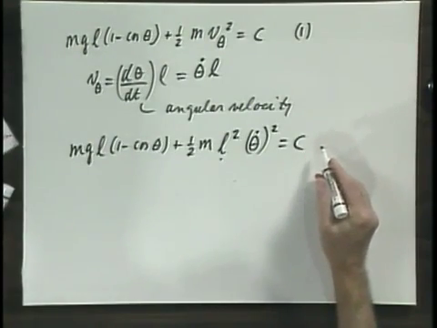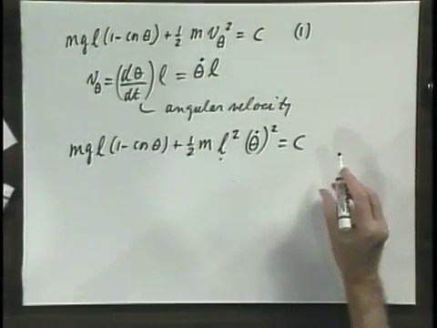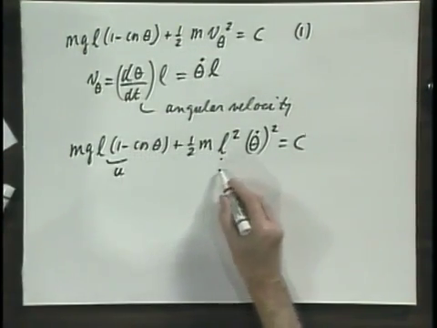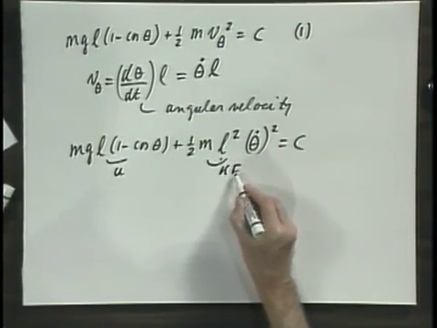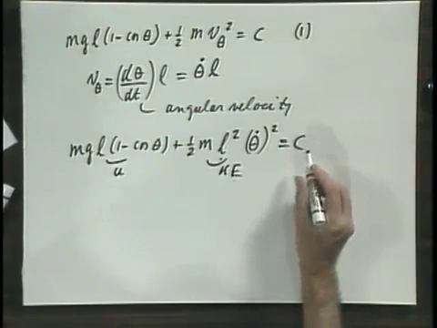And now I want to take the derivative. This part you may find difficult. So this is the U part, and this is the kinetic energy part. This is a constant, so this is going to be 0 if I take the time derivative.